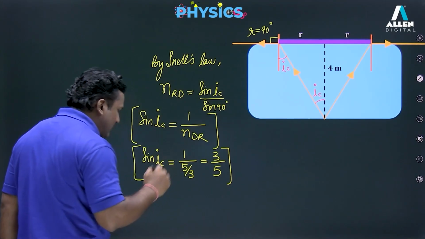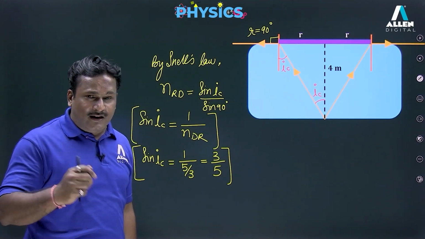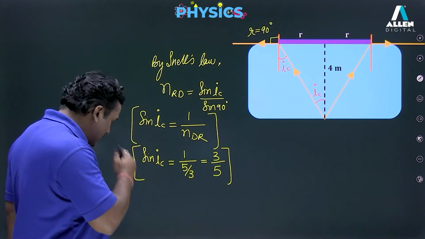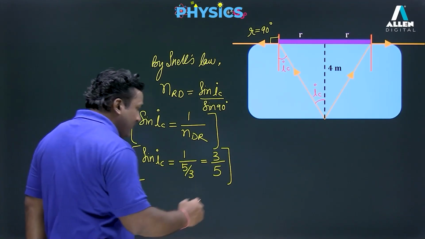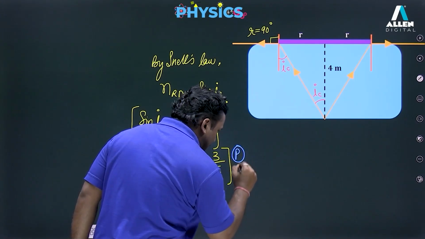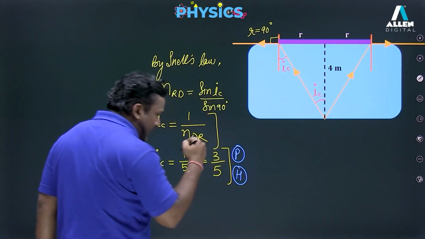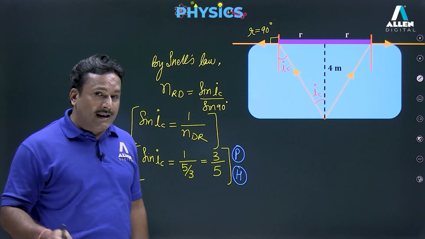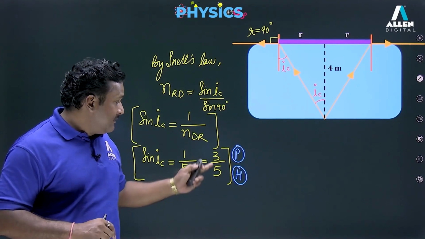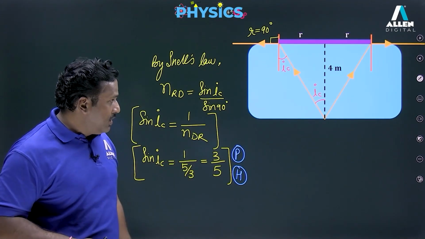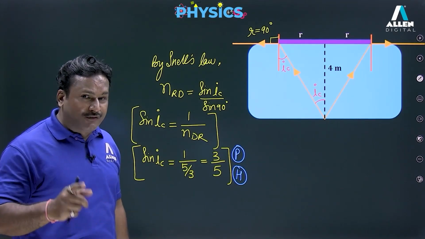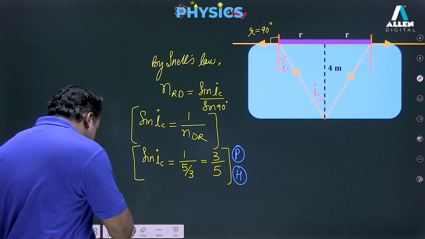And then what we know is sine theta, a trigonometric ratio. It is the ratio of perpendicular upon hypotenuse. If the perpendicular and the hypotenuse are given to me, let me also find the base first and foremost. What is the base coming?